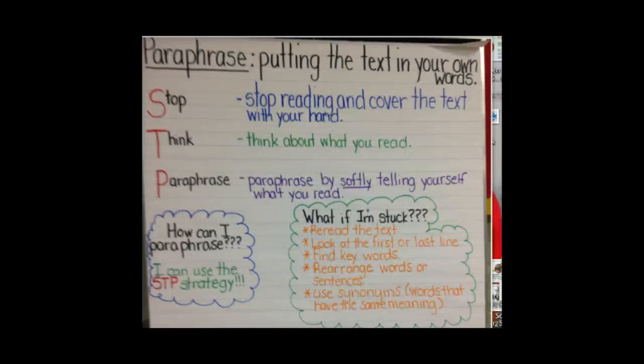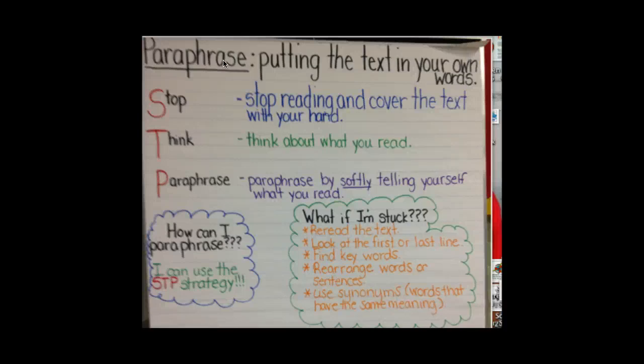All right, my friends, one last thought I want to leave you with is about paraphrasing. Paraphrasing is putting the text that you read into your own words. You may or may not have talked about plagiarism already, and how plagiarism is very easy to do unintentionally. You really want to try to avoid that if you can.